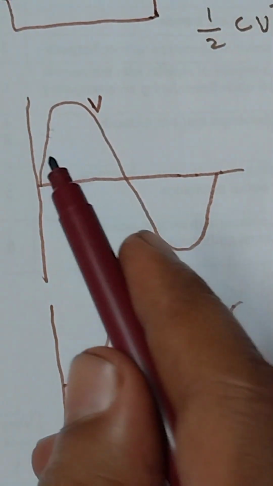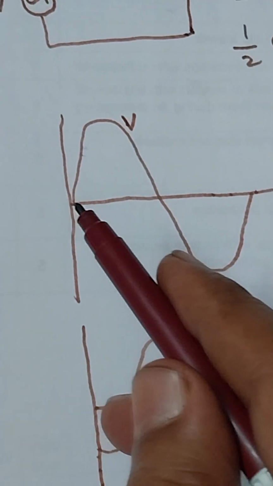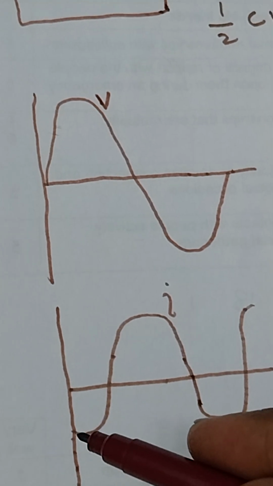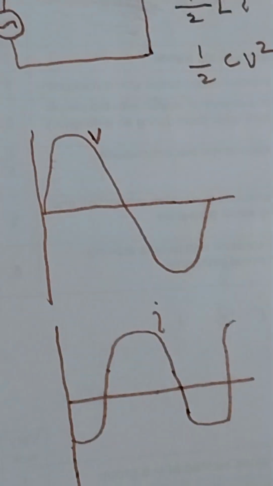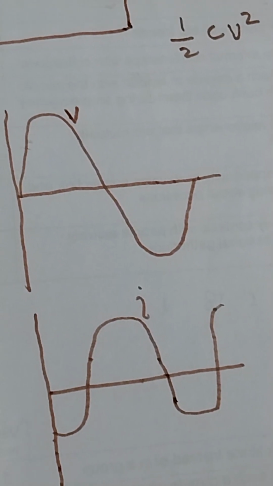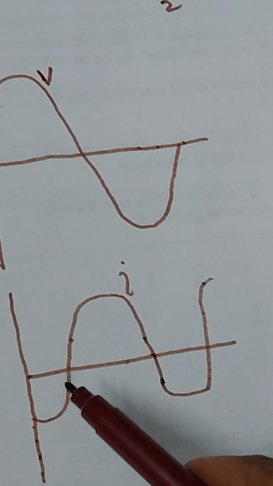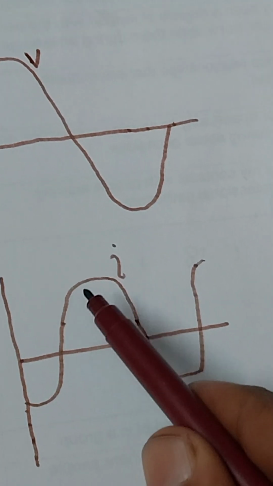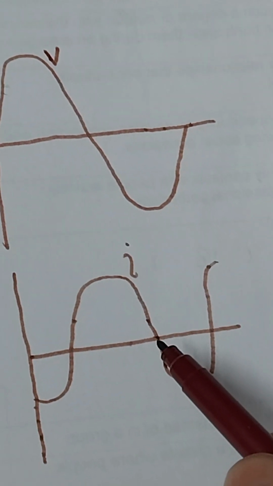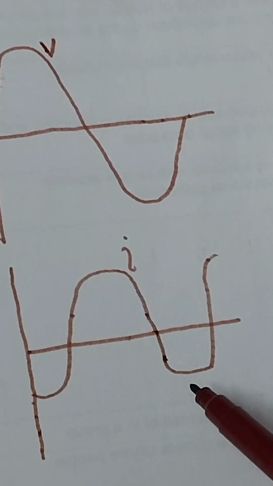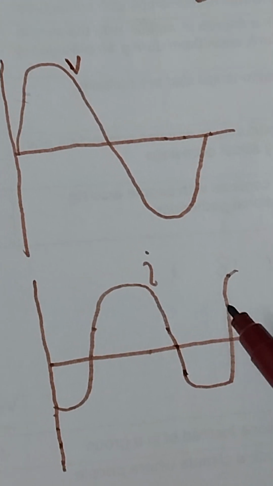See here, voltage starts from the zero line, but current lags the voltage, and from here to here it stores energy, and from maximum to this point it releases energy. Again, from this point to this point it stores energy, and from this point to this point it releases energy.